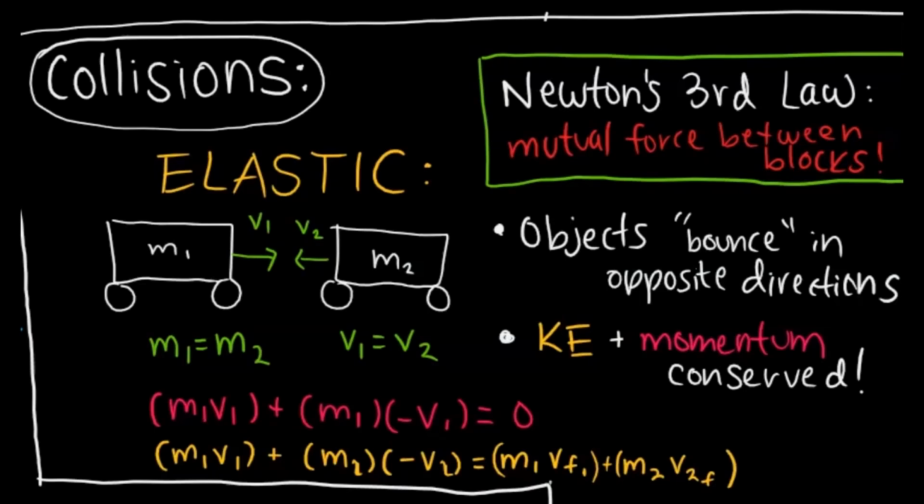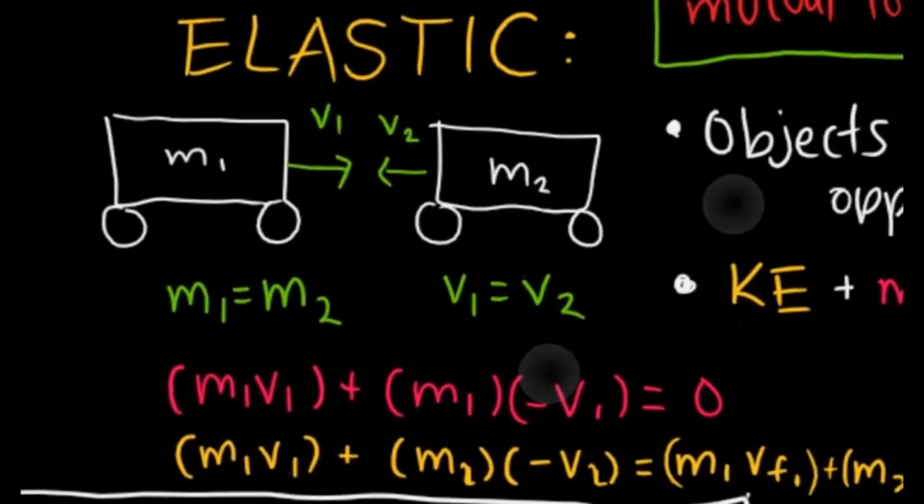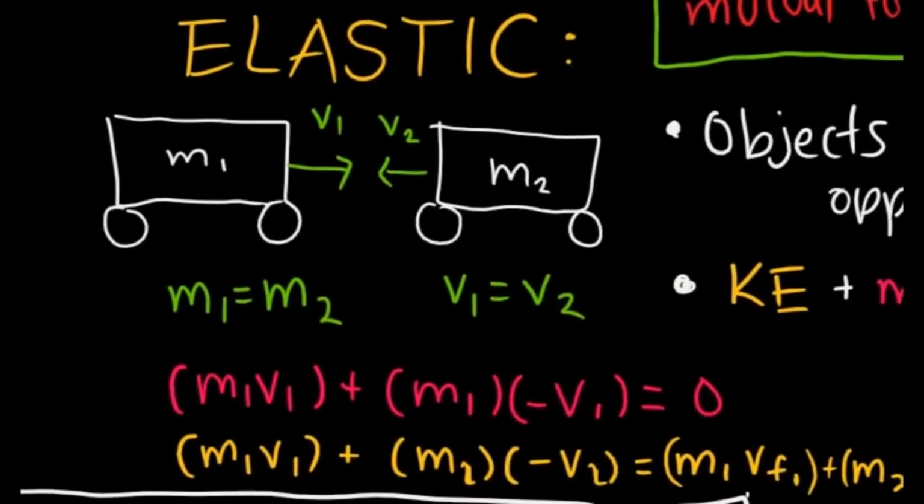The first type of collision is elastic collisions. Elastic collisions bounce in opposite directions, and they conserve both kinetic energy and momentum. So here's an example. You have cart 1 of mass m1 coming towards cart 2 of mass m2.